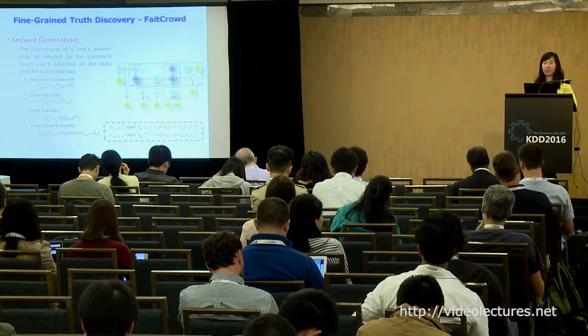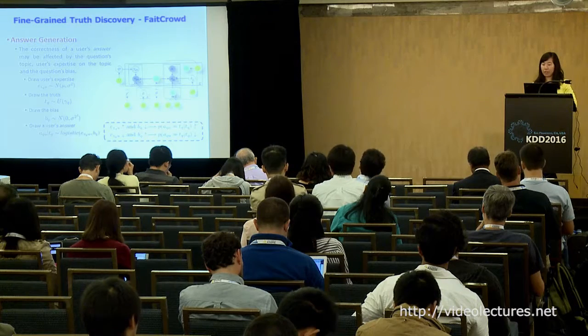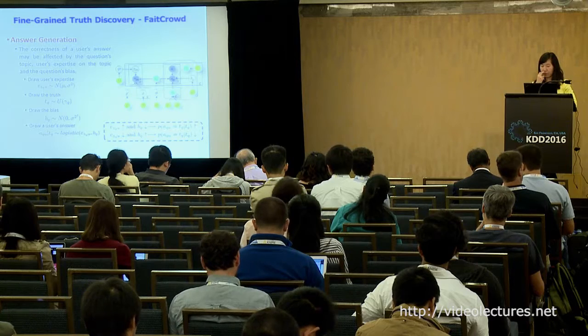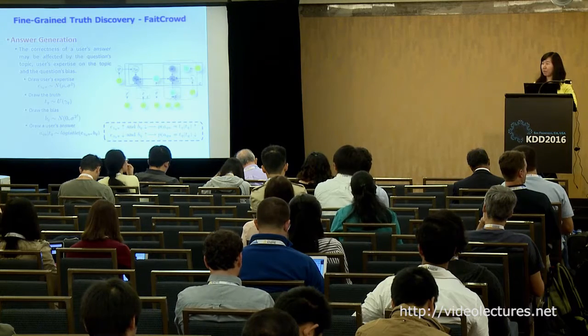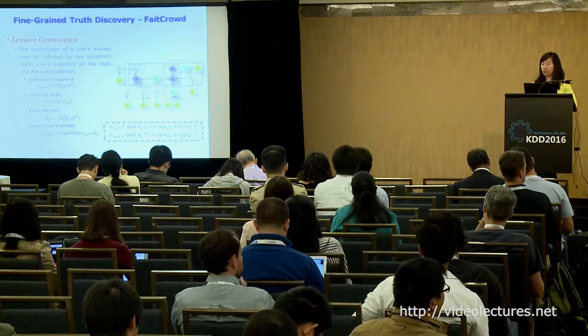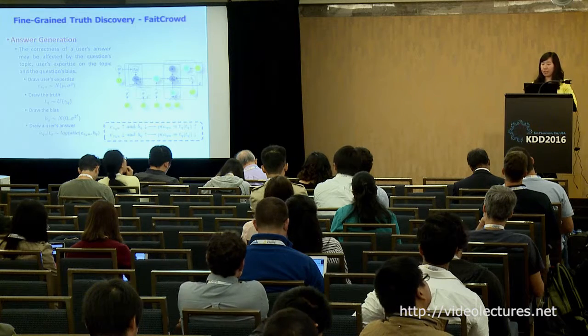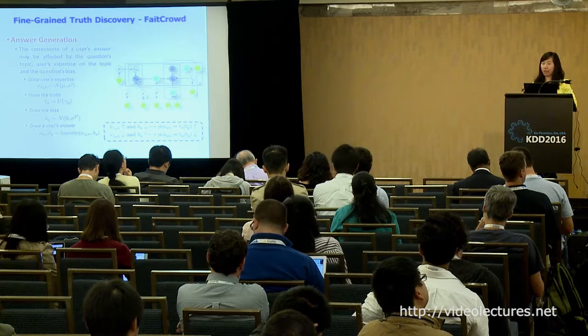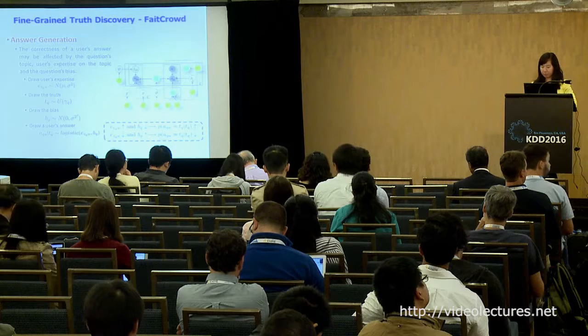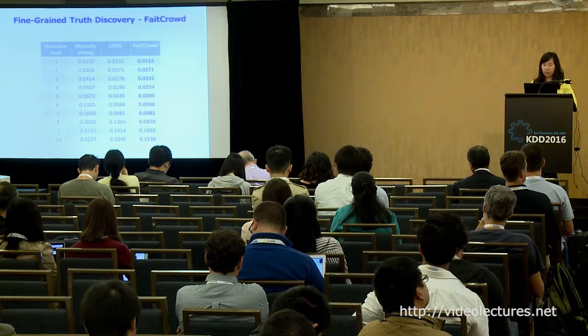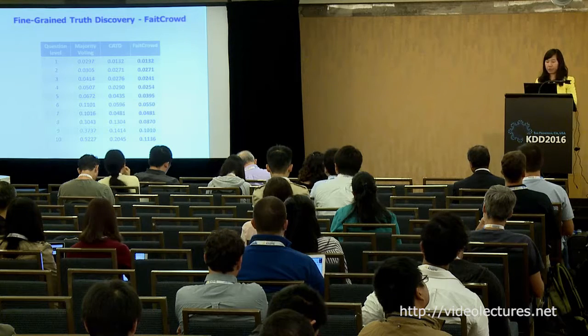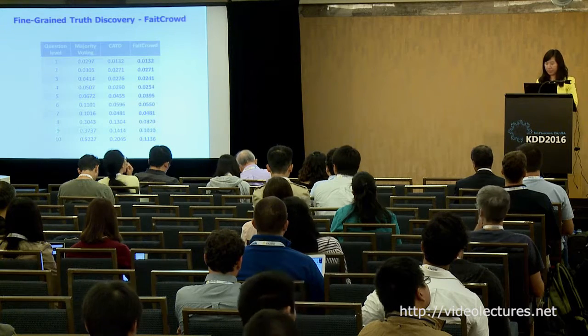Then we solve this problem. We derive the solution by inferring the parameters, hidden topics, hidden truths, and expertise levels from this probabilistic model. Here we show the results still on this data set.